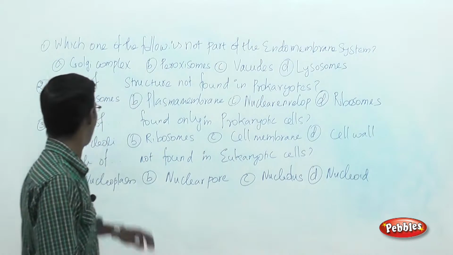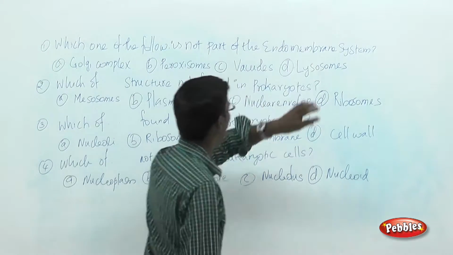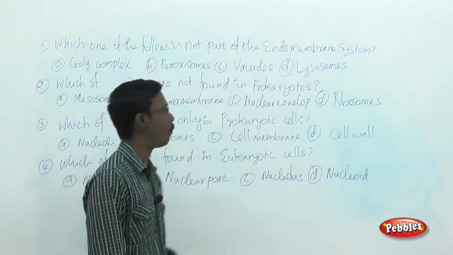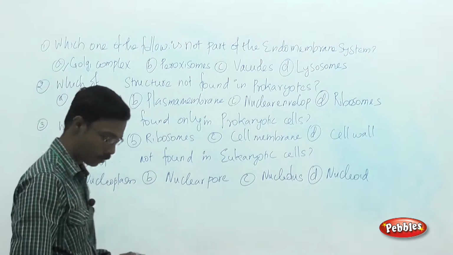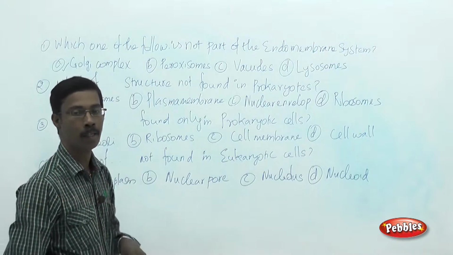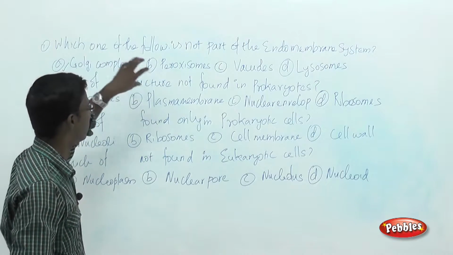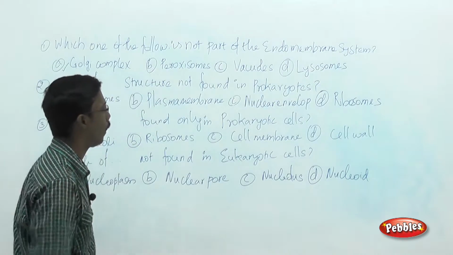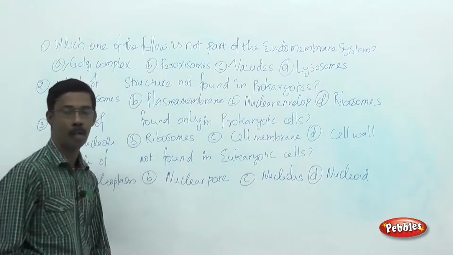Okay, so the point you have to remember over here, you have to find out the odd organelle that is not part of the particular endomembrane system. So over here you can see the Golgi apparatus is part of the endomembrane system because it gets the protein synthesized by the endoplasmic reticulum. Peroxisomes, okay, we will come back to the peroxisomes. The vacuoles is one of the end links of the endomembrane system.